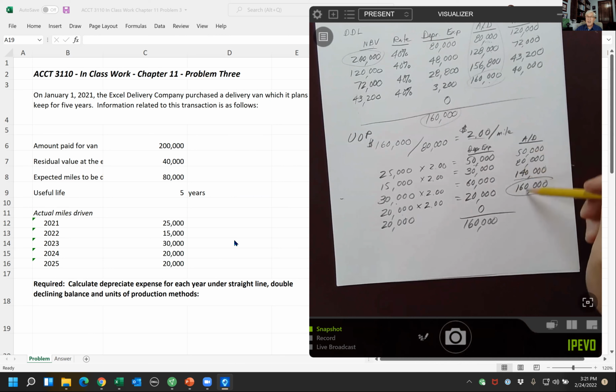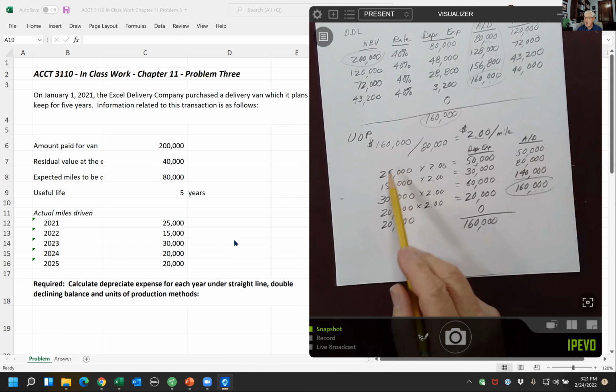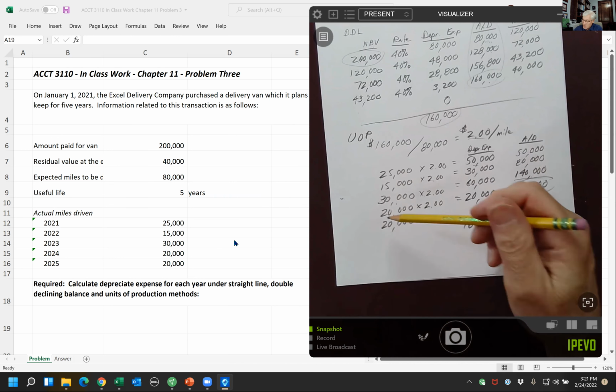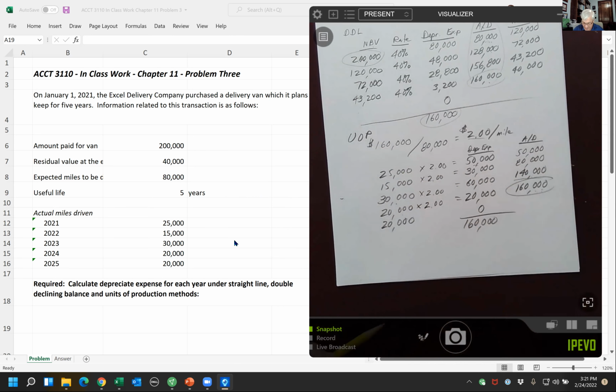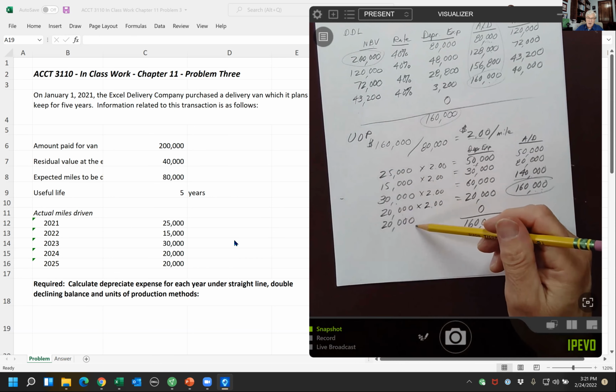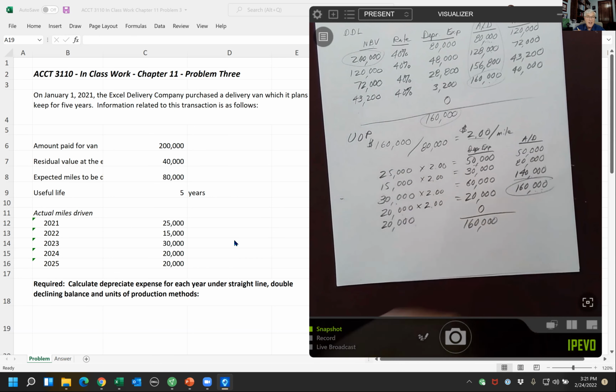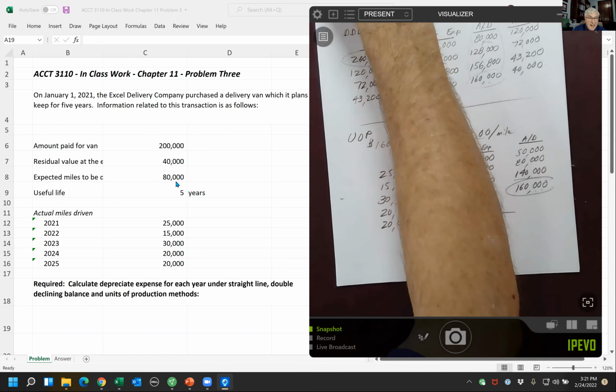So you've got to really track this if you're working a problem on the exam. Now, what I would say is that the original estimate was not really good because we've used this for 40, 70, 85... I think that's 100. We used this for 110,000 miles, where in our problem here, we said we only expected 80,000 miles.